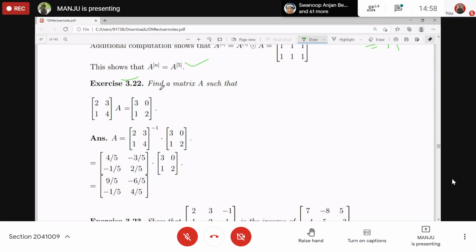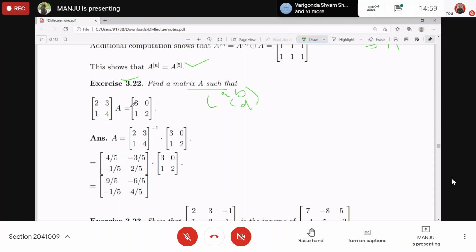Next, can you find a matrix such that this matrix into that matrix is equal to this matrix? This should be 2 by 2. Suppose A is a b c d, a 2 by 2 matrix.